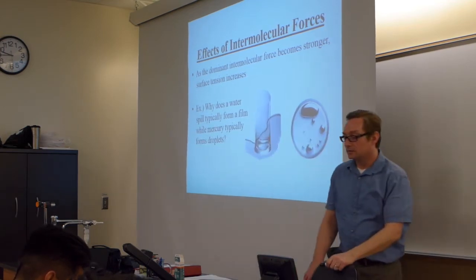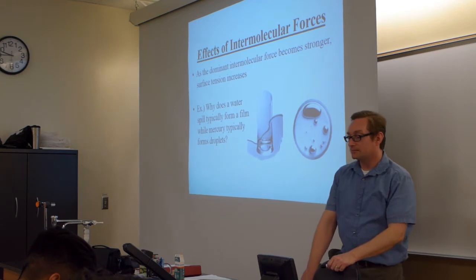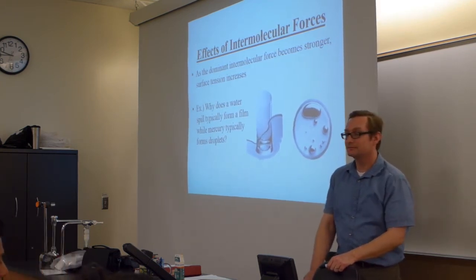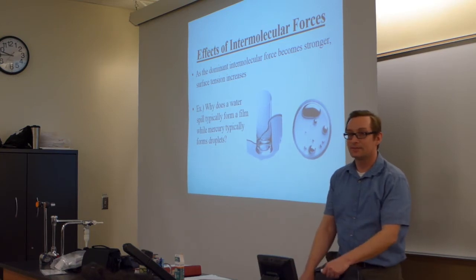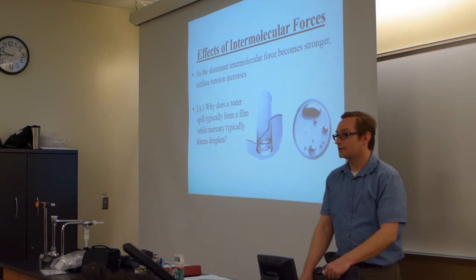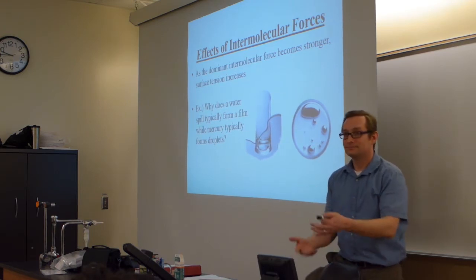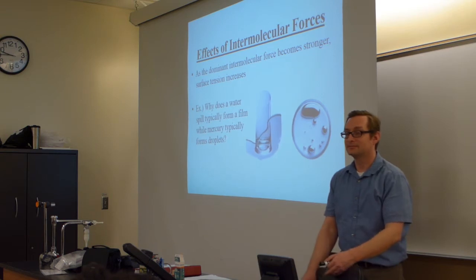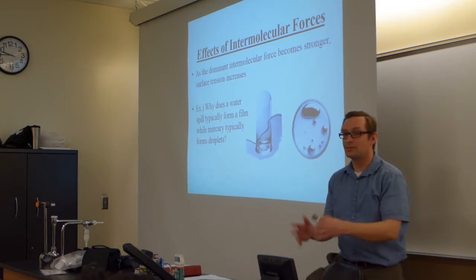Right. Liquid mercury, what's the main intermolecular force in liquid mercury? What is liquid mercury made out of? It's just made out of mercury atoms attracting to each other via, is it polar or not polar, liquid mercury? It's just non-polar, right?